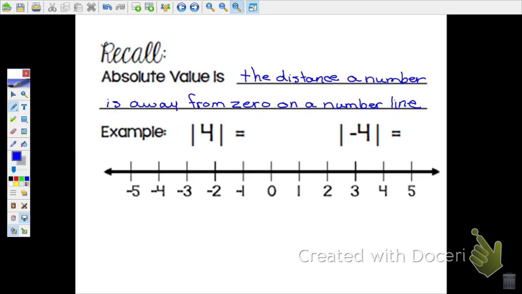So when we see these bars around a number, those are the absolute value bars. So we're looking for the absolute value of 4. The number 4 is 4 places from 0 on the number line.